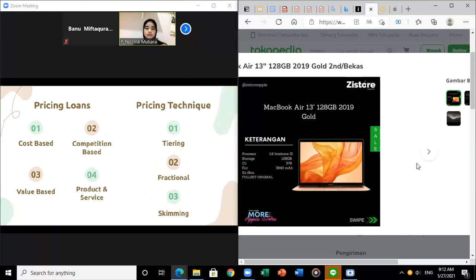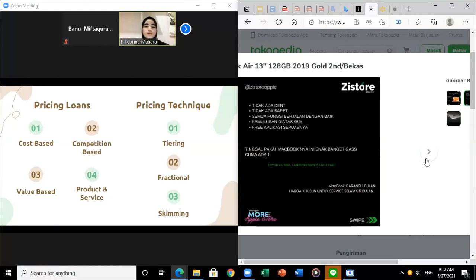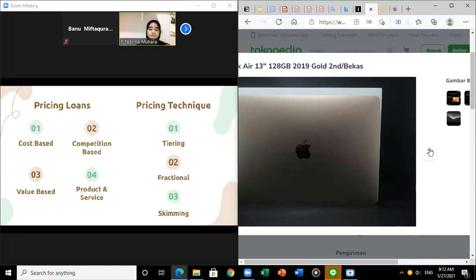Then there is pricing loans. There's cost-based pricing of loans. Cost-based pricing is a method of determining loan price. The lender determines the cost to provide loans to borrowers, and then prices the loans to cover this cost. And there's competition-based pricing.